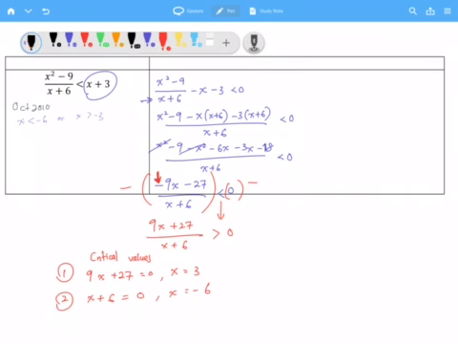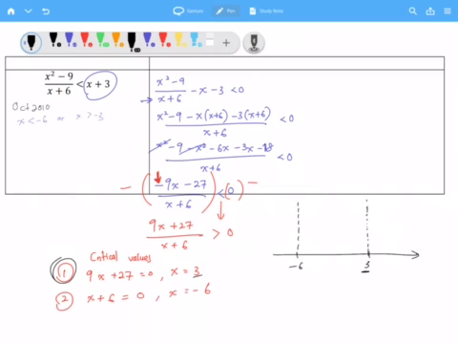Now, what's left to do is to draw our number line. Okay, start from -6 to 3. Okay, let's draw this partition here. Let's take a look at our first critical value, which is 3, which is this value.